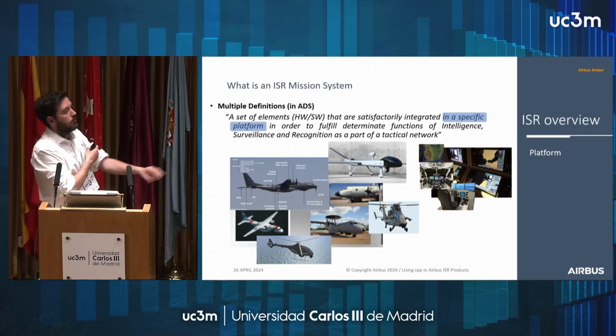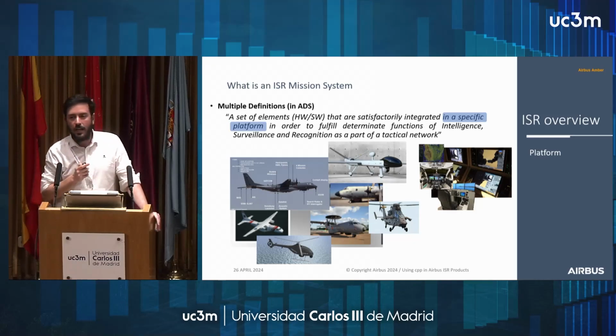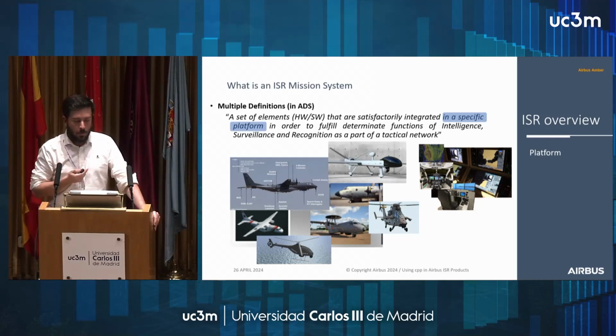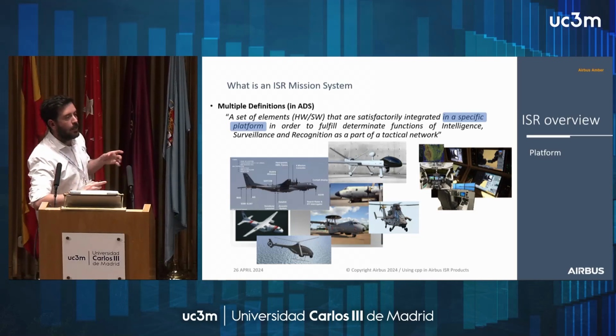Or, finally, my work: a helicopter, in that case a Tiger, where we can have dedicated hardware but only for the back end. For the front end, we need to use the displays in the cockpit of the pilot. And we don't have an operator.